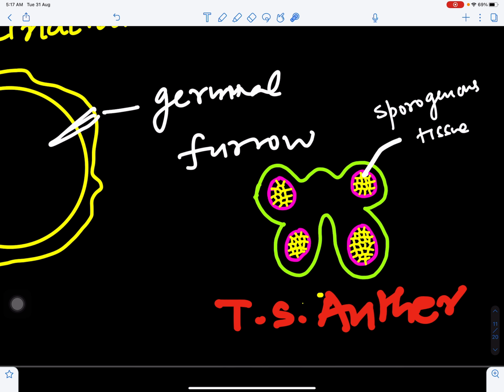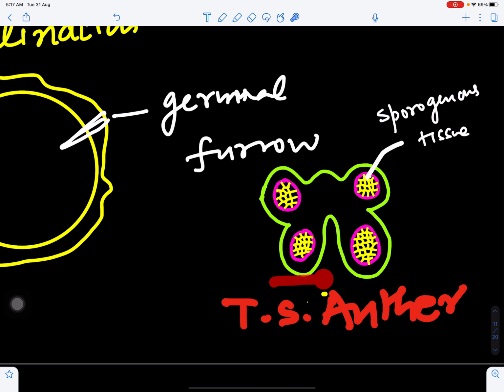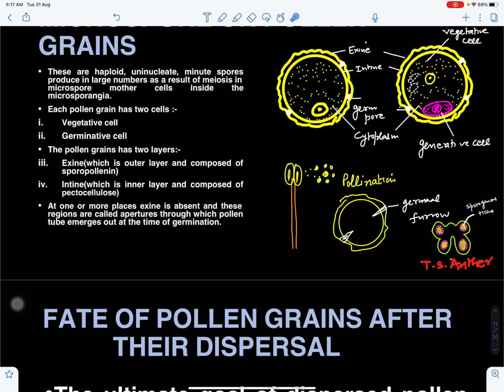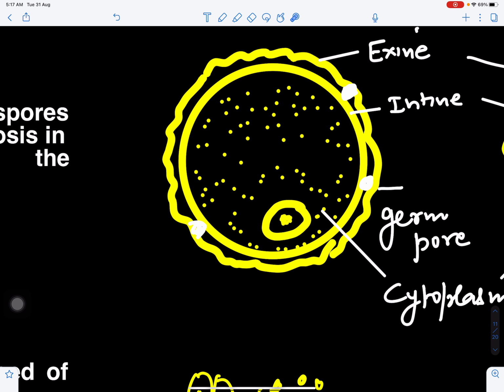In the previous video we discussed the anatomy of the anther, and we saw the sporogenous tissue, which is diploid in nature. This will undergo meiotic cell division to form the microspore mother cell, and the microspore mother cell will undergo meiosis to form the 4 microspores or pollen grains. So each microspore is haploid in genetic constitution.